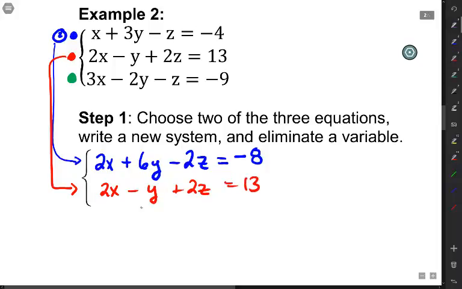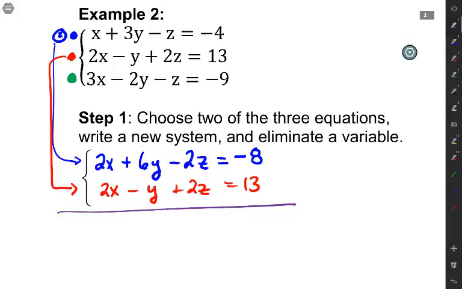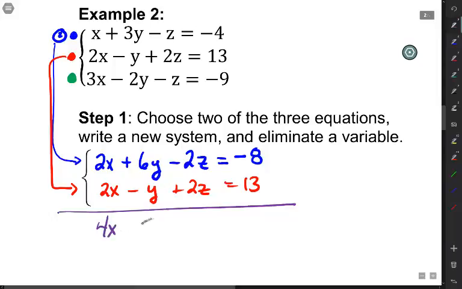Who can add them up? 4x plus 5y equals 5. Okay, what are we going to call this?